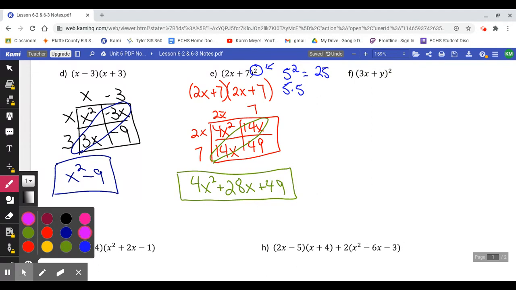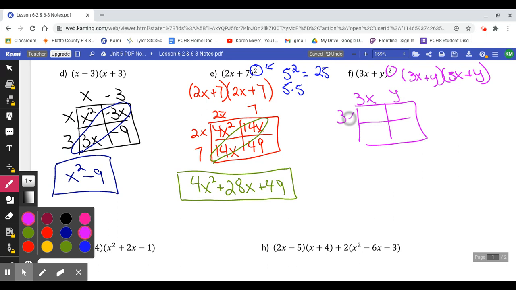Okay, F. Once again, that little power of 2 is going to mean 2 identical parentheses. So then I'll make my box. So I got a 3x and a y, a 3x and a y. So multiply that, and I get 9x squared. And then 3x times y is just 3xy. And 3x times y is another 3xy.